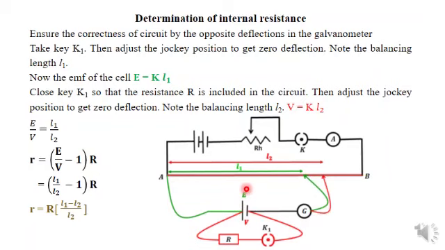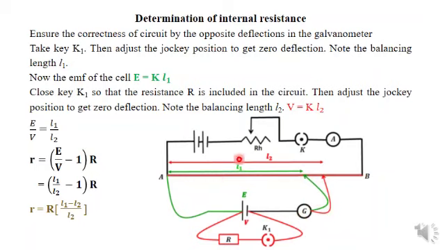Now move the jockey from end A till the galvanometer shows null deflection. After seeing null deflection, measure the distance from end A to the point where the galvanometer shows null deflection by using a meter scale.